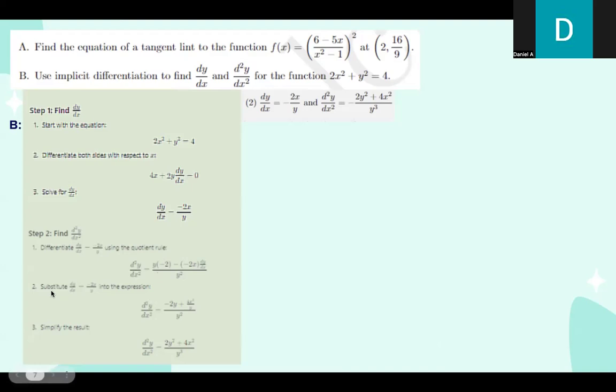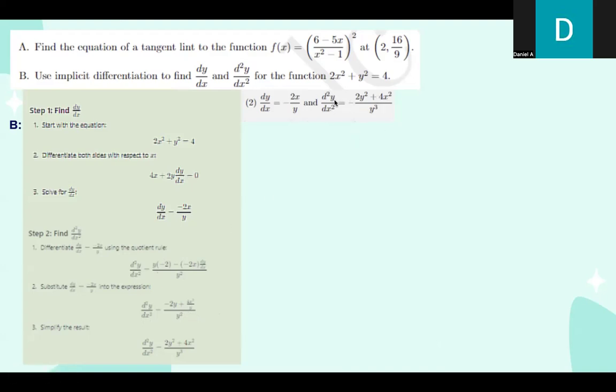Now substitute dy/dx = negative 2x over y into the expression for d squared y over dx squared, which equals (-2y - 4x^2/y) over y squared. Now all we have to do is simplify the result, which gives us the answer right here as well.